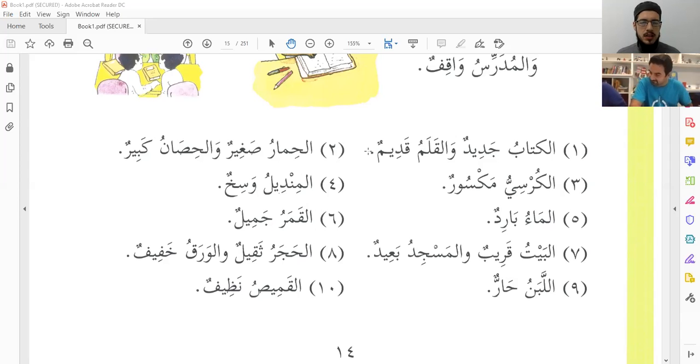Al-himar, which we said was a donkey. Saghirun means small. Al-himaru saghirun, the donkey is small. Wal-hisanu, and the horse, kabirun, is big, large. So we have two new adjectives, saghirun, kabirun, small and large.